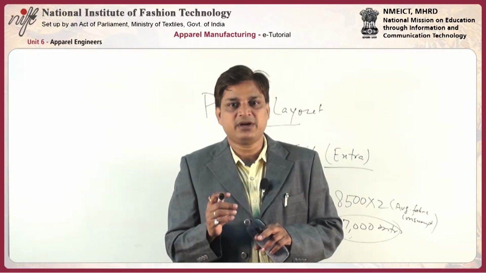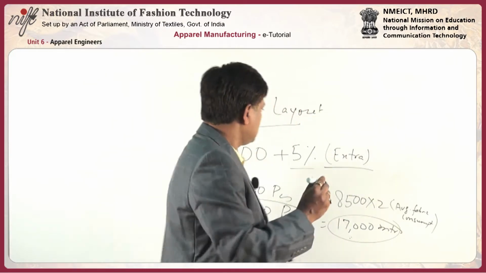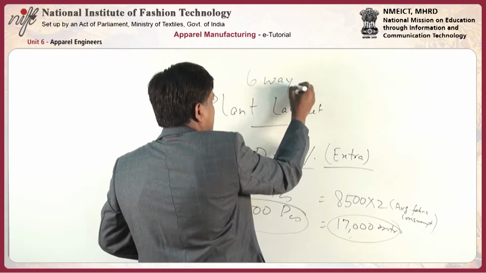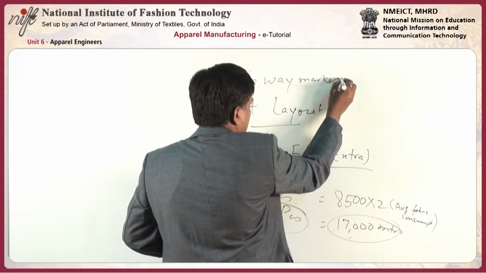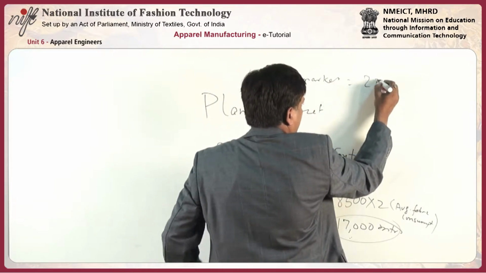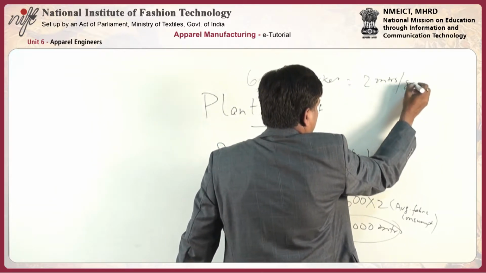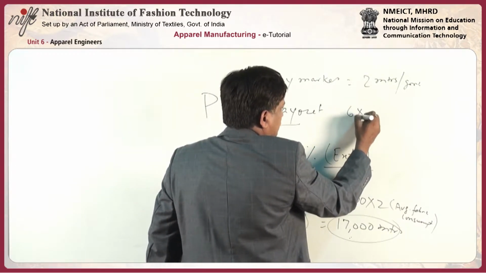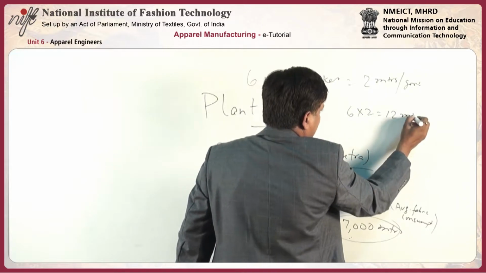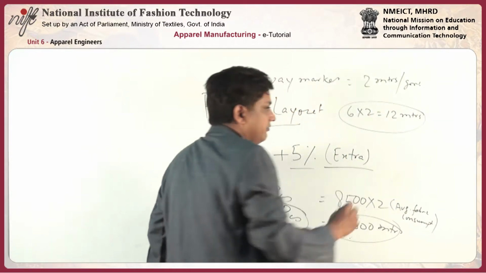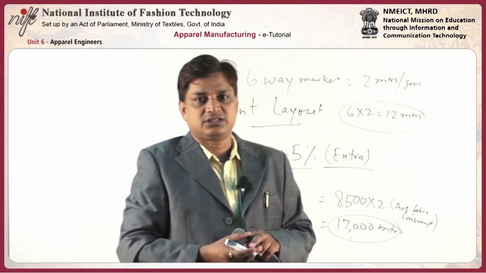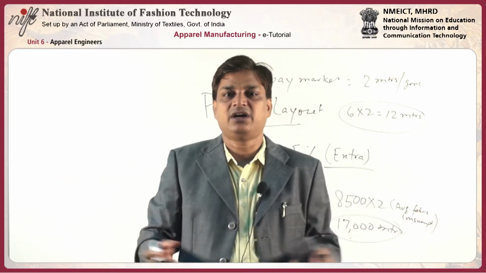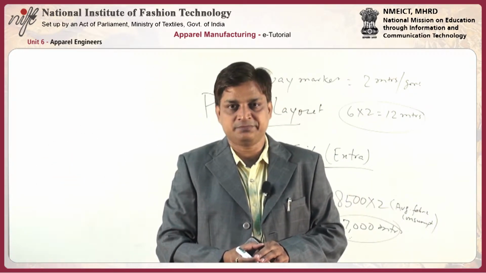For a 6-way marker, at 2 meters per garment consumption, it will be 6 into 2, which is 12 meters. So our table is required to be more than 12 meters.